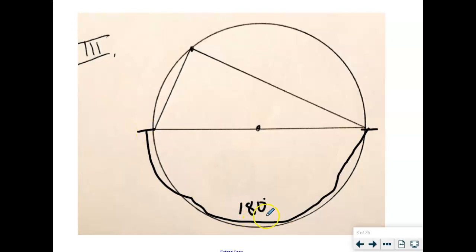Well, if this is 180 degrees divided by 2, you will have your angle measure, which is a right angle, or 90 degrees.